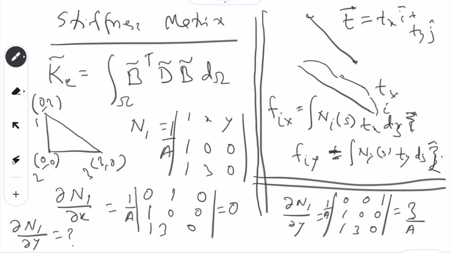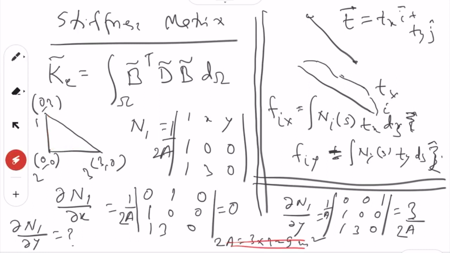So 2 area, 2 area, 2 area, where 2 area is nothing but 3 times 3 equal to 9 meter square. So 3 over 2a is equal to 3 over 9, so 1/3. Anyway, that we can write later.